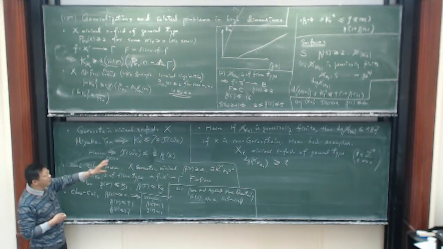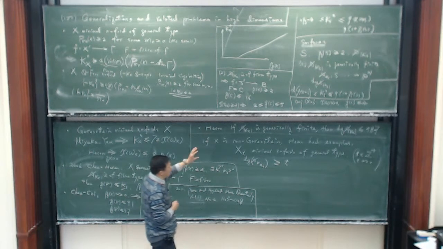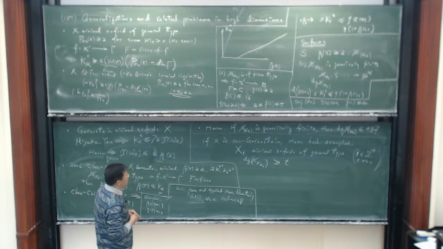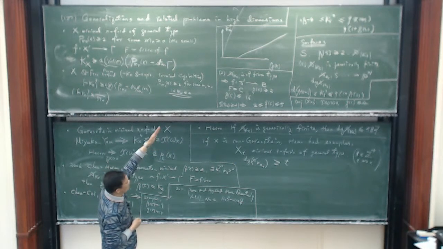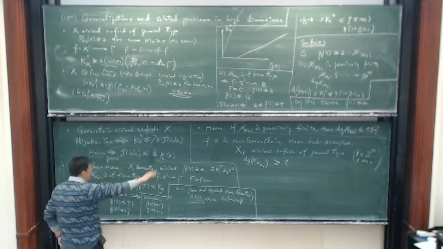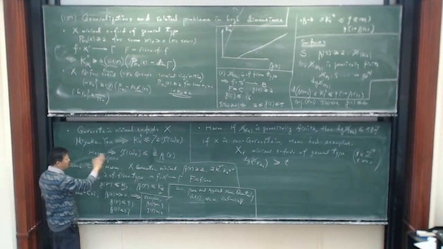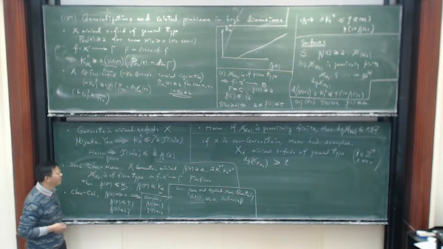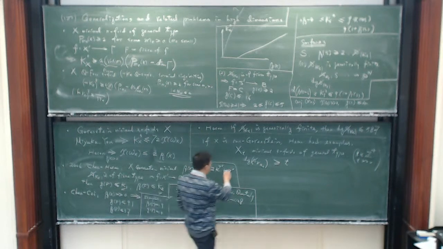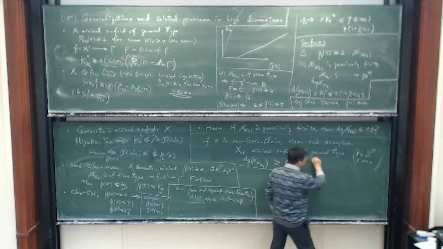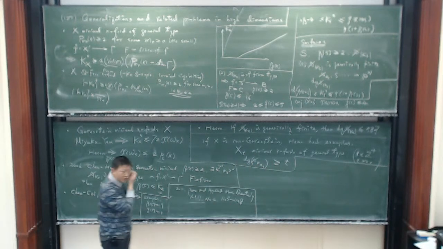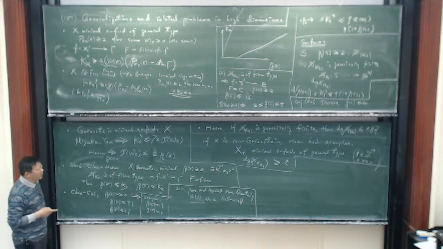So these kinds of examples already tell you that in general, in high dimension, you can't hope everything is like in surfaces. So that's different. So next, I want to report to you some new examples in all dimensions.